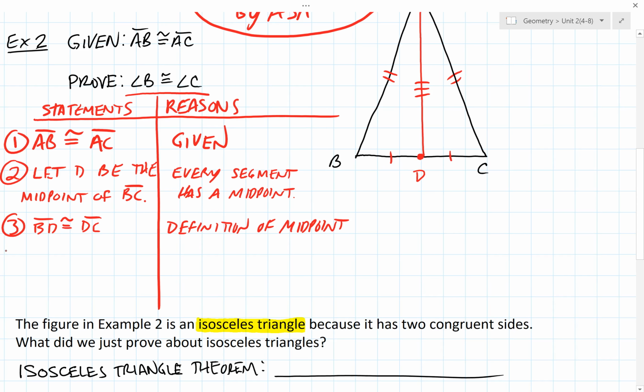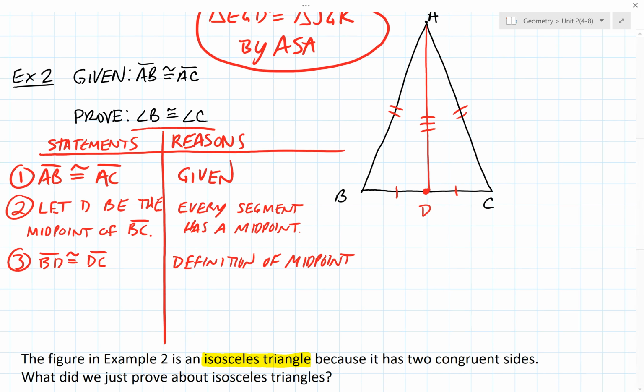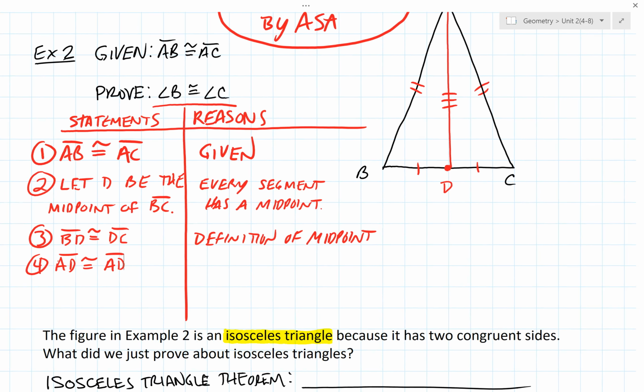All right, and then we also said that segment AD was congruent to itself. Now, do you remember what that's called when we say something is equal or congruent to itself, Amy? That's right, reflexive property.